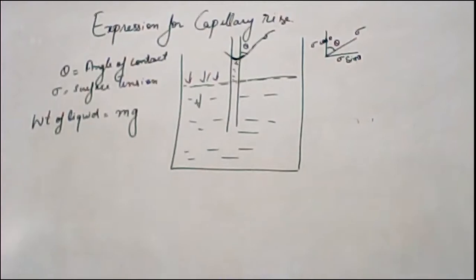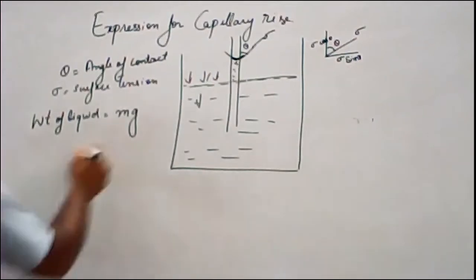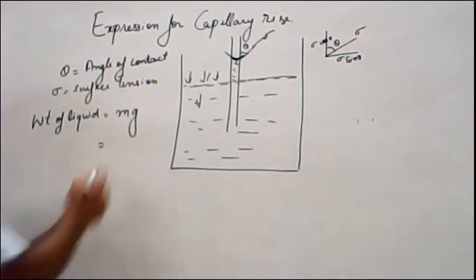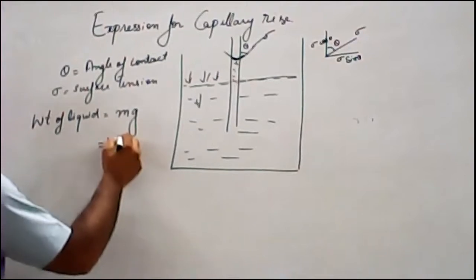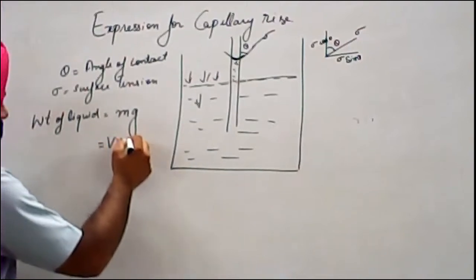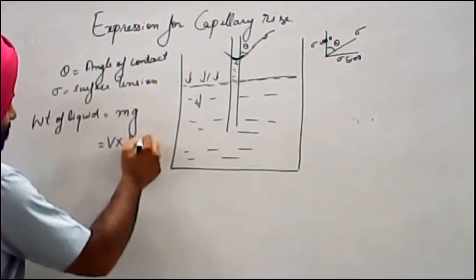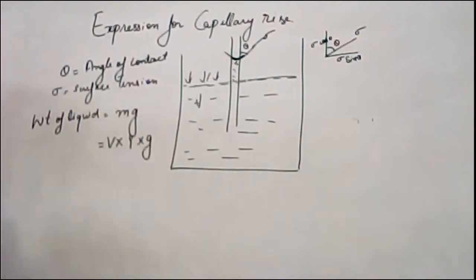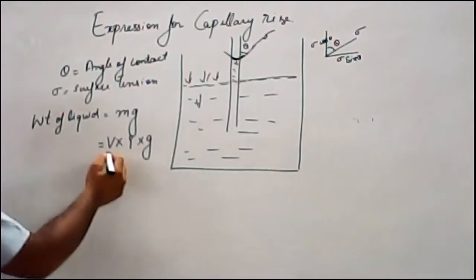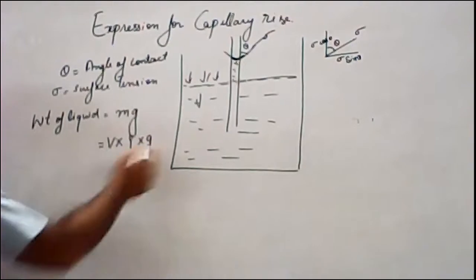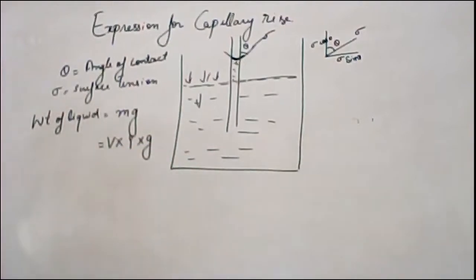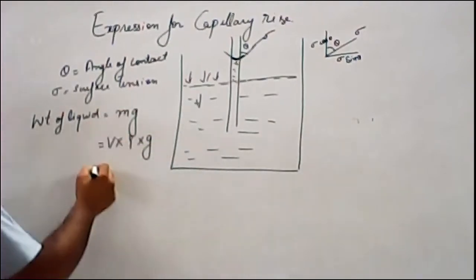Mass into gravity. Now mg is, you can say, volume into density into g. Mass per unit volume is equal to density, and in another term, volume into density is equal to mass. g is gravity. Now this is mg.